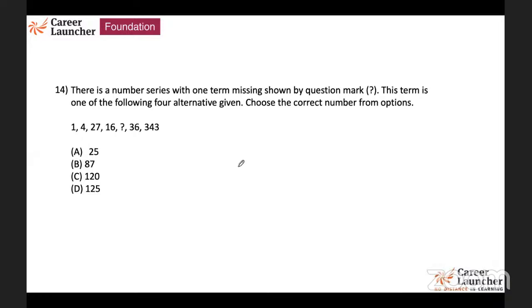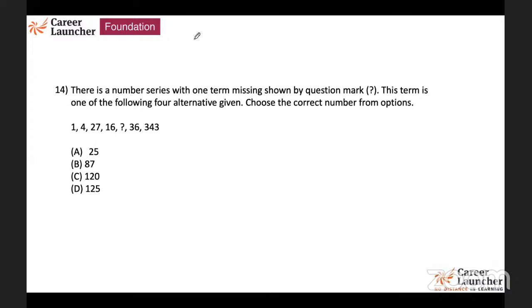And you can check whether you're right or not after the poll results are given. Right. I'll stop the poll right now. 57% of them have given the right answer. That means it's not a difficult question.